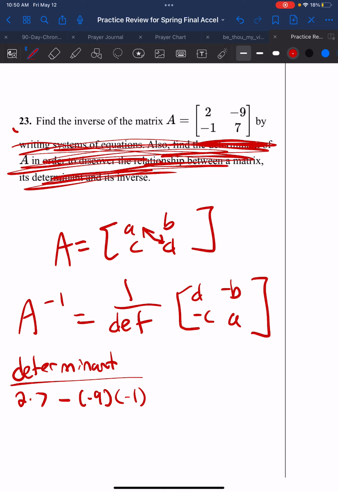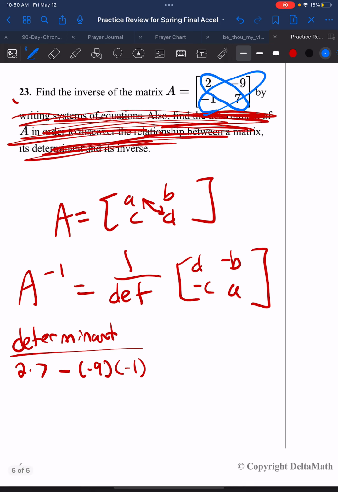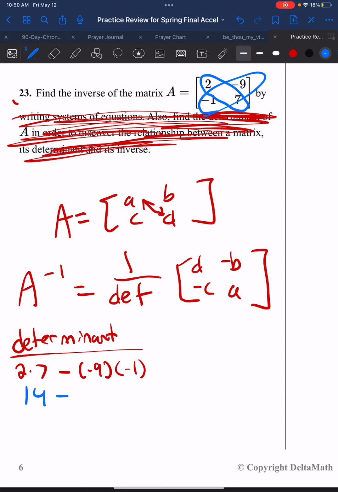You just do, like up here you can see, 2 times 7, the diagonals times each other and subtract the result. So when I do this, that gives me 14 minus 9, which is 5, okay?